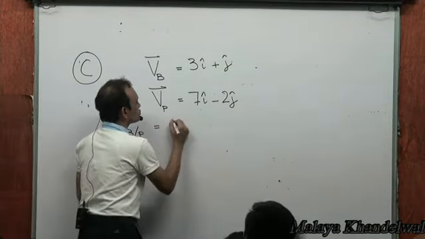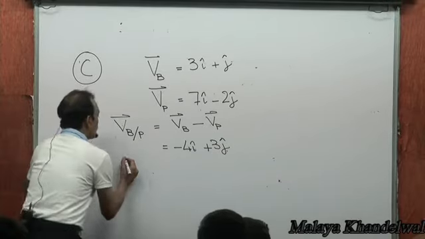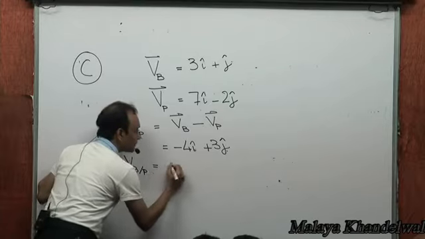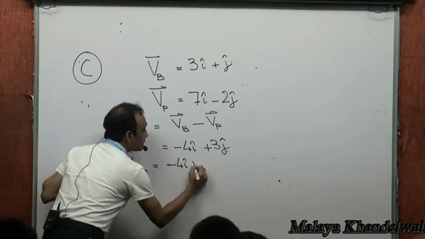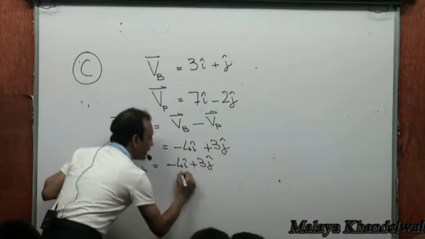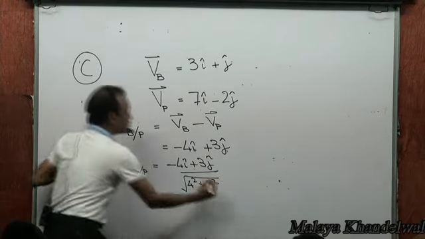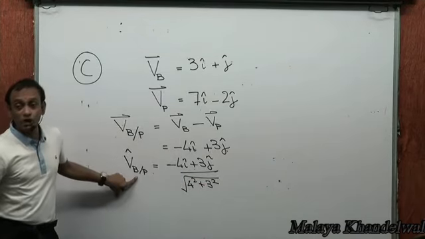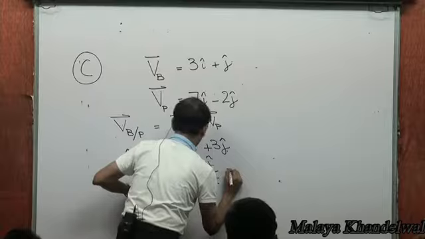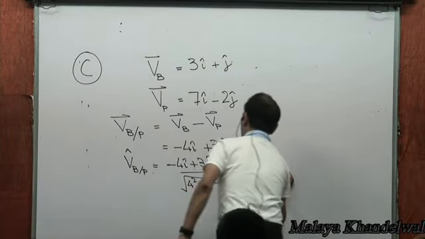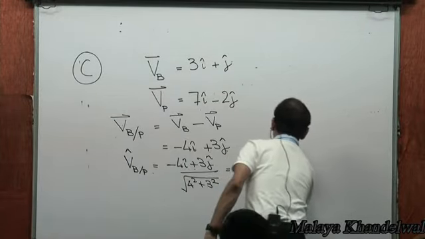Now, a unit vector in the direction of relative velocity would be minus 4i cap plus 3j cap by root 4 squared plus 3 squared. That's a unit vector in the direction of the relative velocity of the block with respect to the car, which turns out to be minus 4 by 5 i cap plus 3 by 5 j cap. Yes or no?